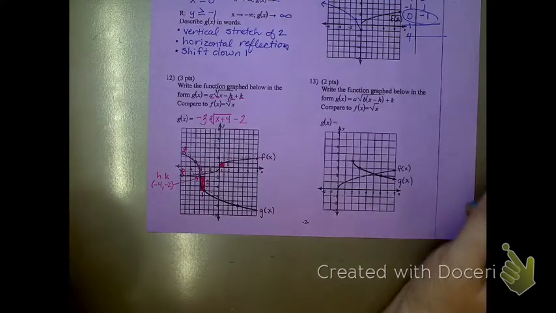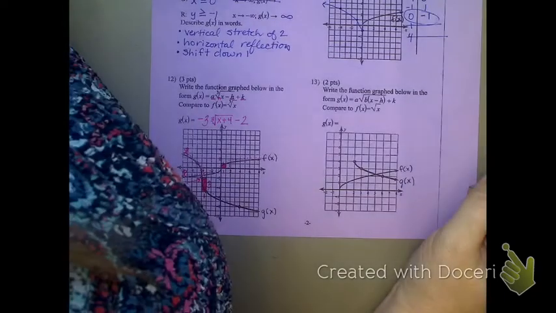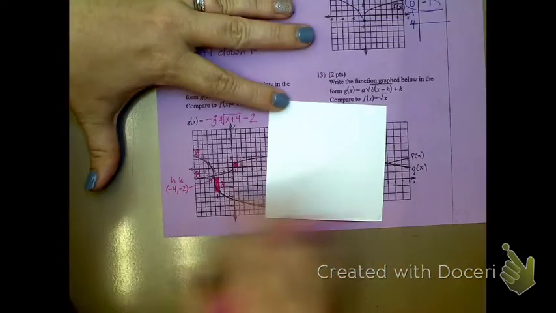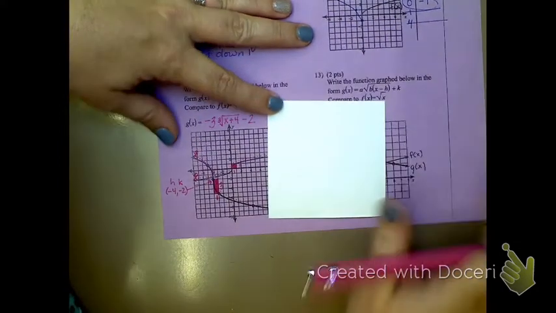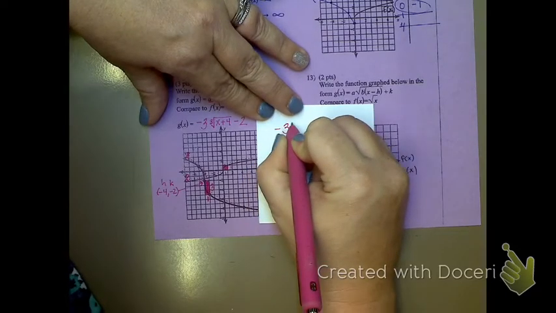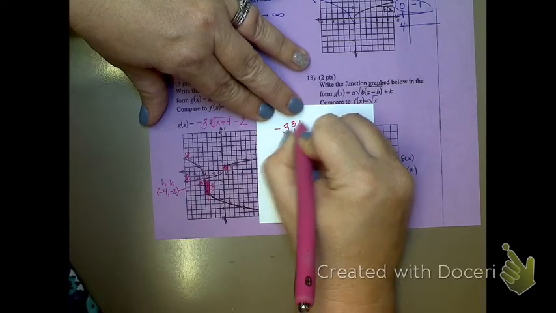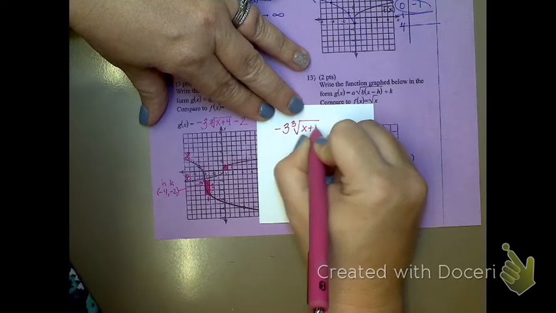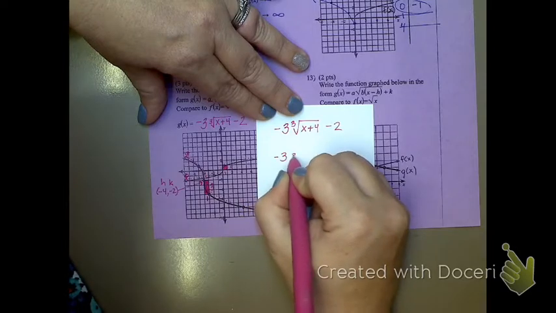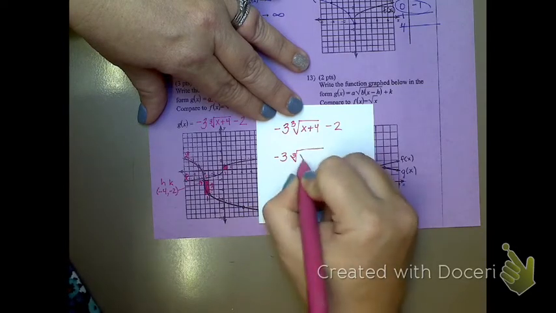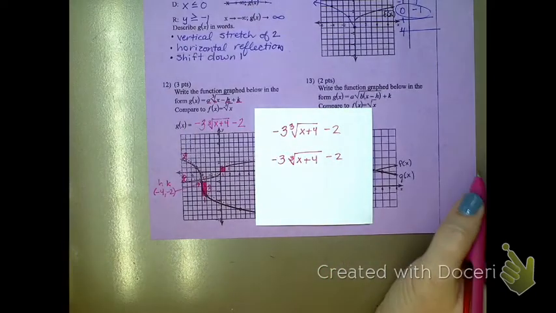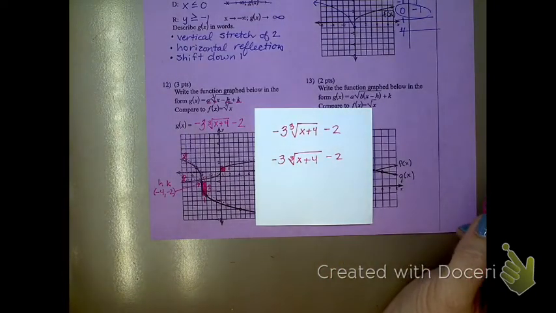Okay? One quick thing I want to mention there, because if you happen to get your letters in a different order, say you get your a value first and then you do h and k later, be very careful between this and this. And this is more of a notation issue, but I see it very, very often.